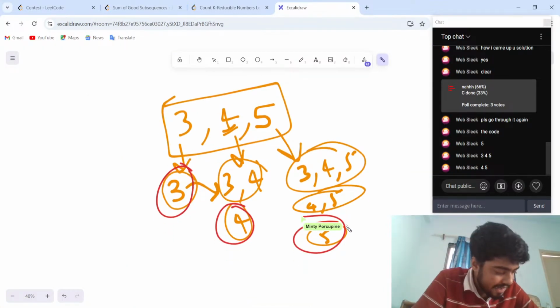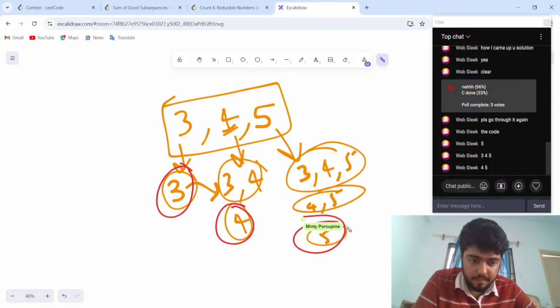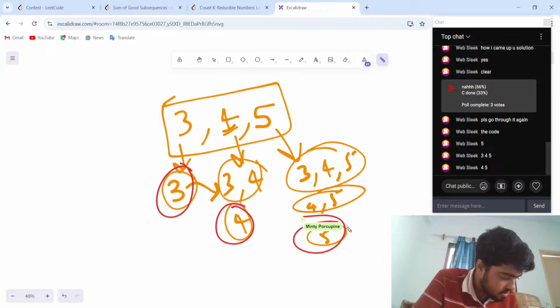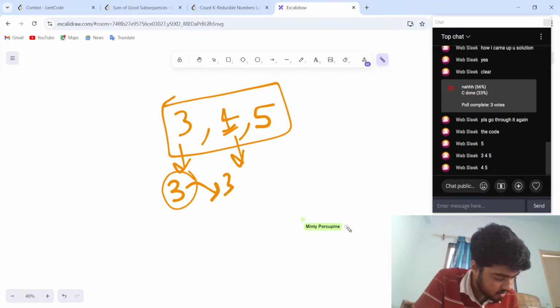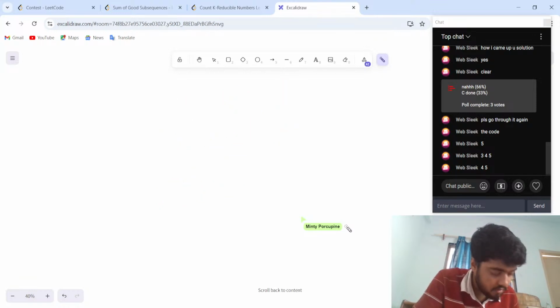Now, let's say we're going to reverse the whole thing. What we're going to do is go back a lot of steps, go to the beginning, and now I'm going to reverse the whole thing.